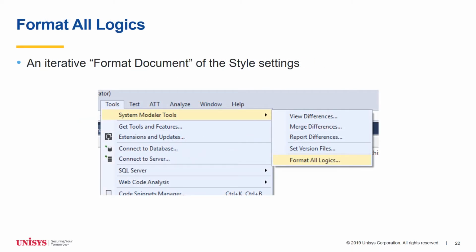Our final topic in the user experience section is the Format All Logics option. When selected, the style as defined in the text editor properties will be applied to all logics in the model. A really good option to do before adding your model to source control.